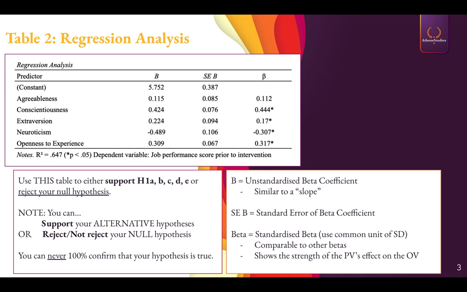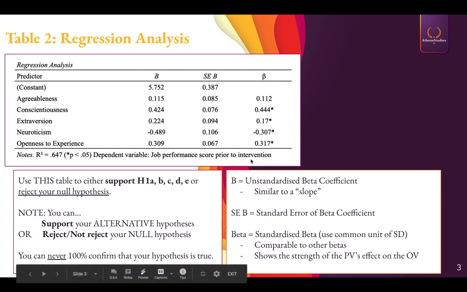So our dependent variable is the job performance score prior to intervention, because of course we cannot say that, let's say, agreeableness accounts for job performance if we look at the measures after the intervention, because then how do we know whether it was agreeableness that accounted for the outcome variable or whether it was the EI training? So that's why we use the job performance score prior to intervention.